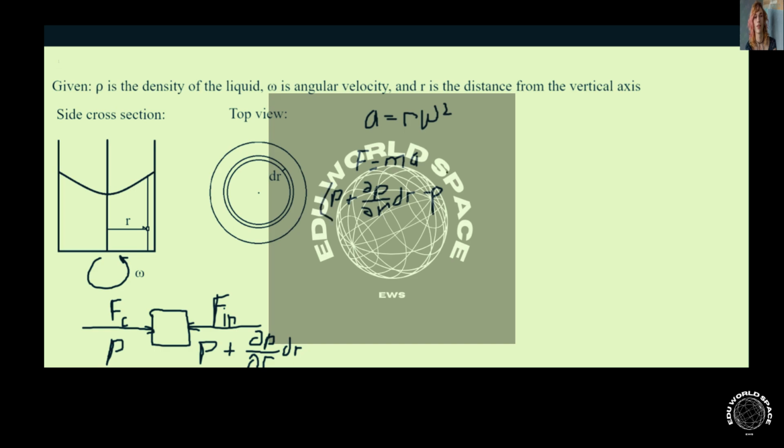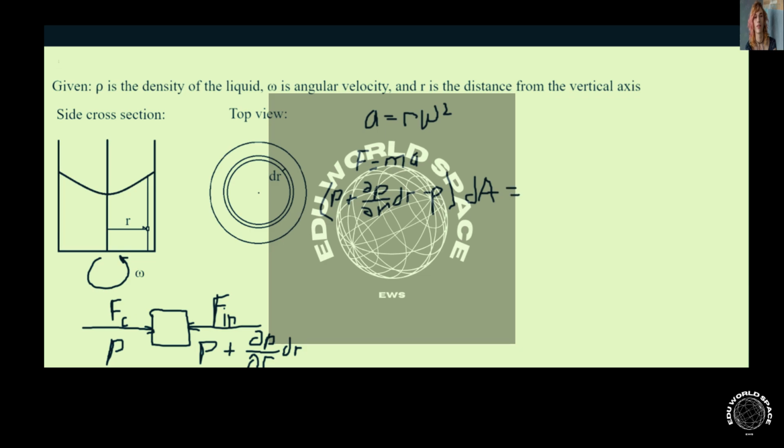A pressure is not a force, but what we can do is multiply this pressure by the areas on either side, which we're going to call dA. Since area times pressure gives us a force, which is exactly what we need here, we have our net force.